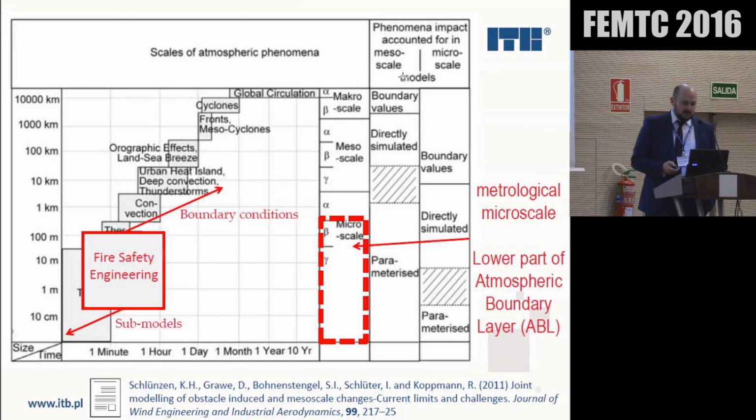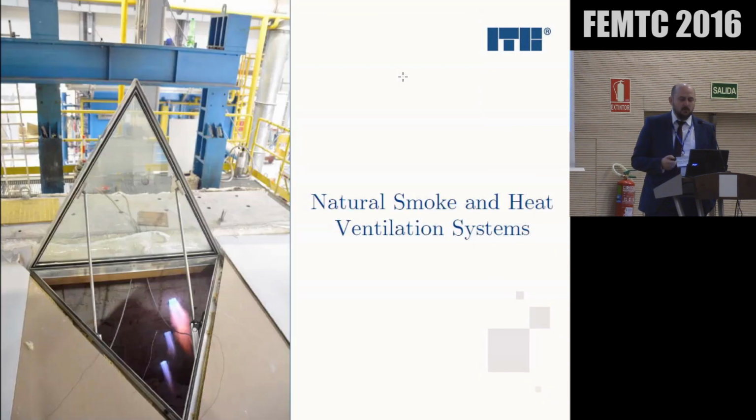And now to go on with how could you benefit from this field of science. And the obvious part is that it's important when you design natural smoke and heat ventilation systems. Why we have taken this approach is that in natural smoke and heat ventilation systems, we are still designing by concepts that are like 30, 40 years old, and they were not really drastically improved over the years.